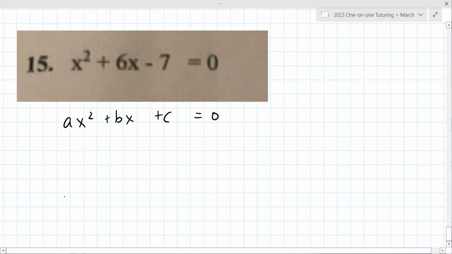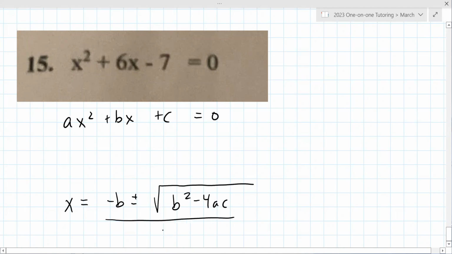The quadratic formula is minus b plus or minus the square root of b squared minus 4ac all over 2a. A is 1, it's the number in front of x squared. B is 6, and c is -7. So it does take on that operator there.